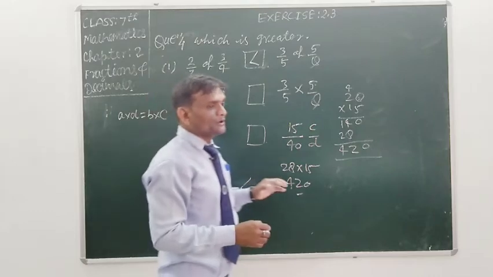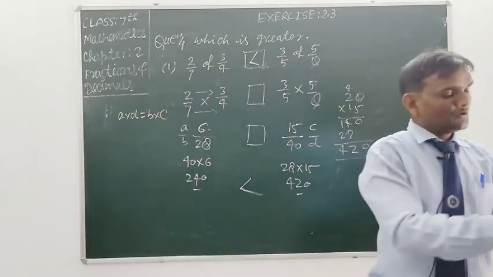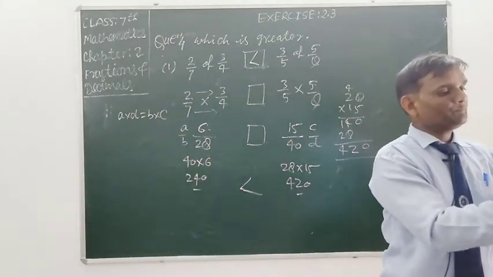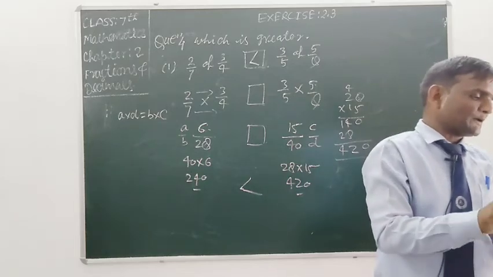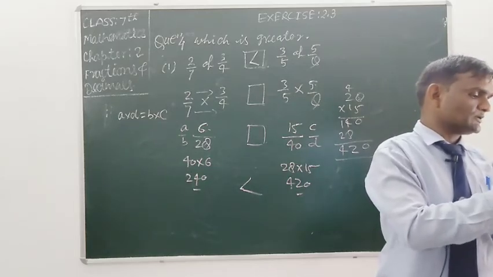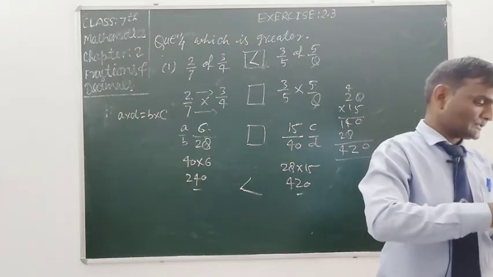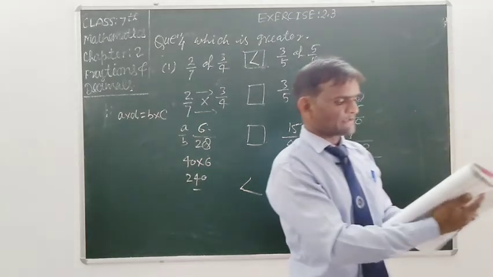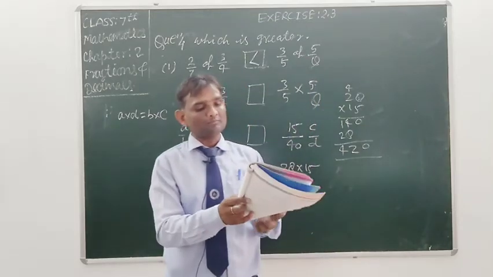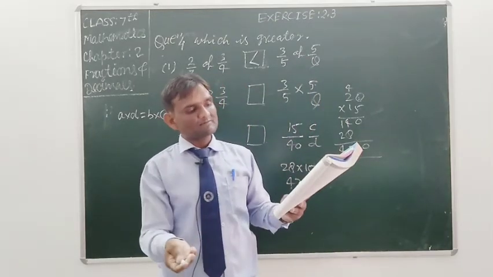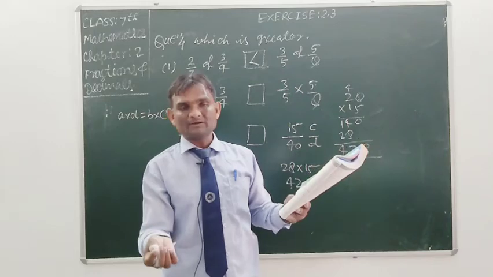So student, in the second part of this question, as the same you will solve 1 upon 2 of 6 upon 7, 2 upon 3 of 3 upon 7.